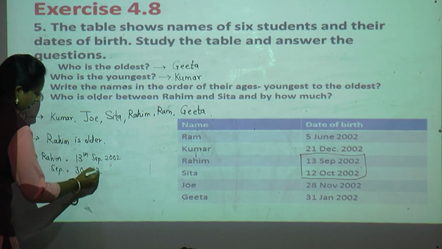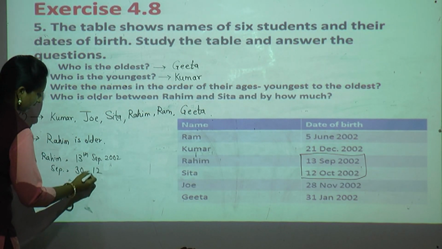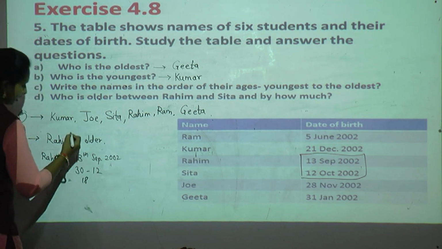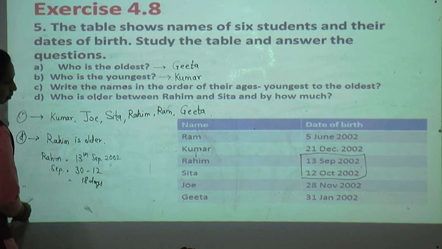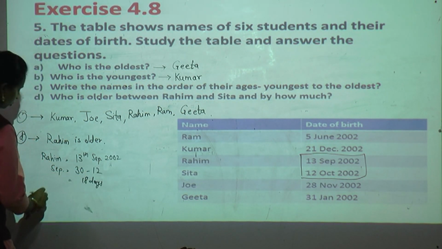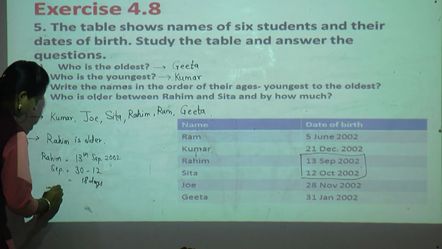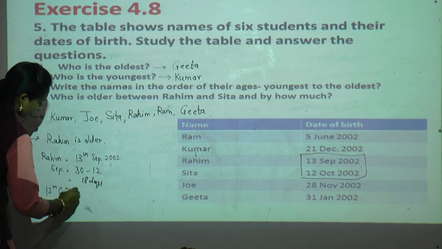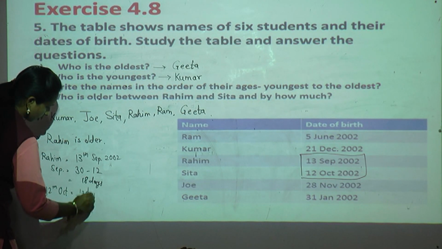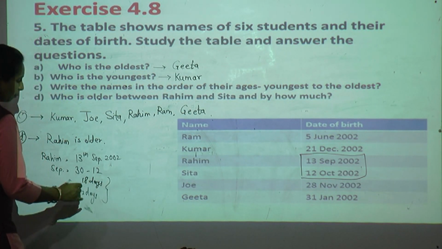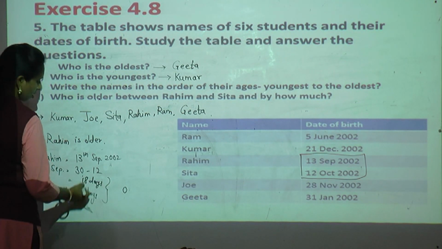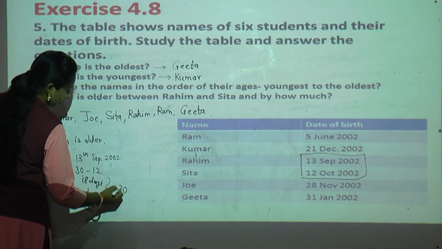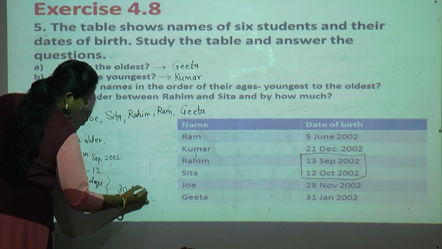So the answer is 10 minus 2 is 8, carry one, and 3 minus 2 is 1. Here 18 days, and next Sita was born on 12th October. So 12th October itself says 12 days. So when you add both the days, 8 plus 2 is 10, carry one, 1, 1, 1. It is 3. 30 days.